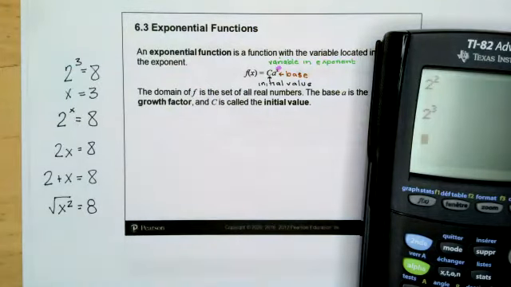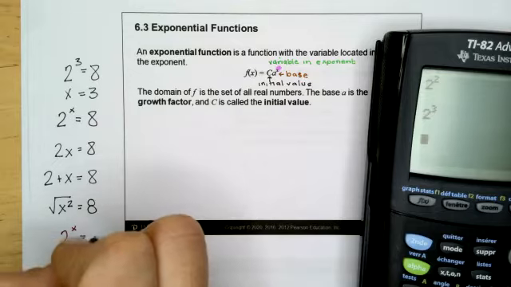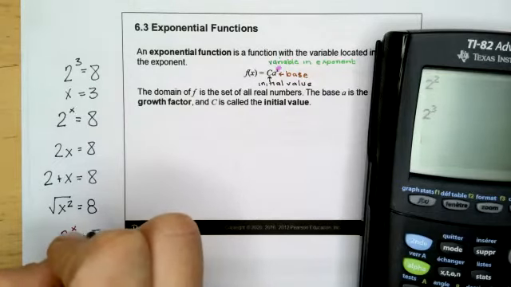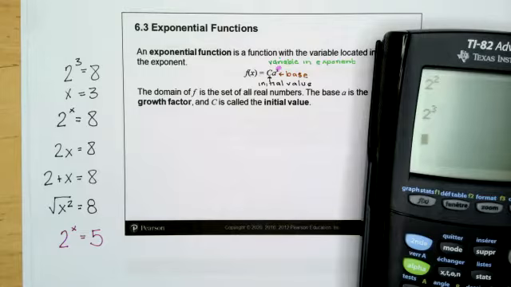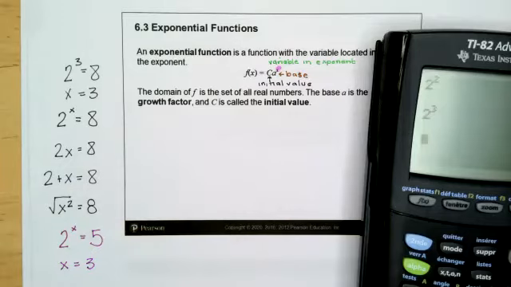However, what if it was 2 to the X is 5? Is X 3? It is not, right?